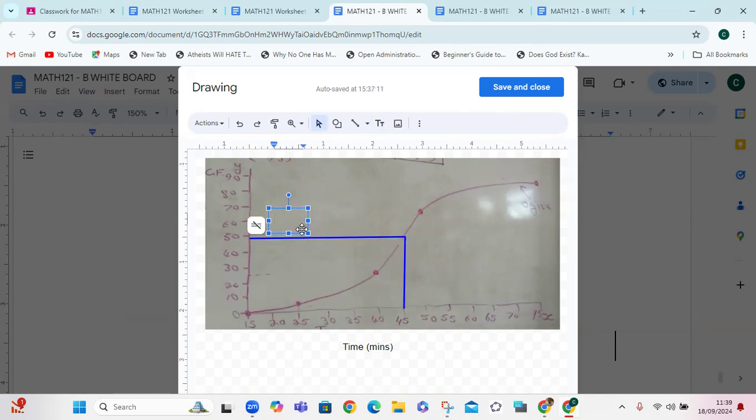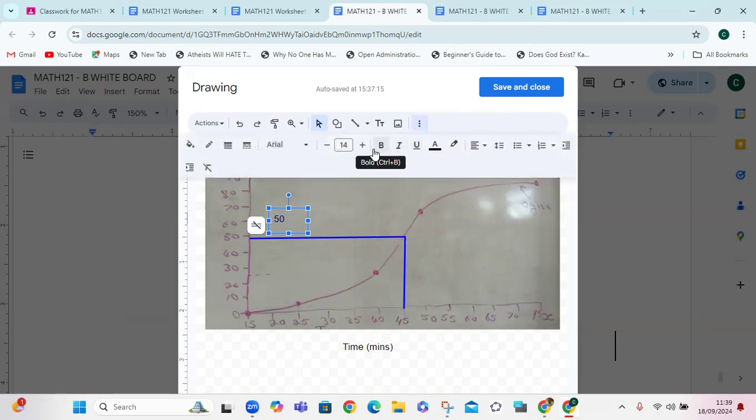So we are seeing 50 here. This 50 communicates that there were 50 athletes who completed the race in less than 45 minutes.